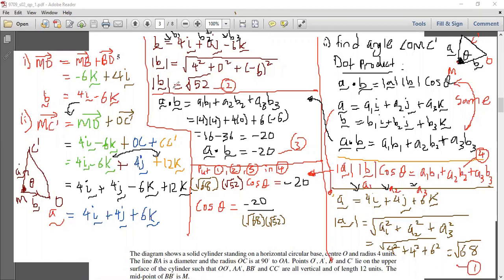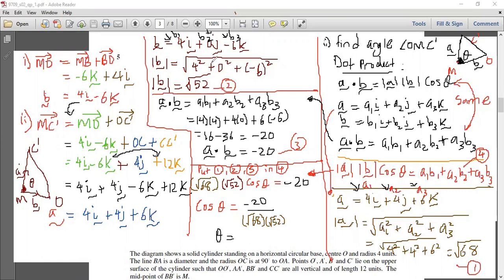We calculate this nicely and put it in the calculator. Theta will be arc cos of that, so straight away, just put it in the calculator. Whichever way is easier for you.